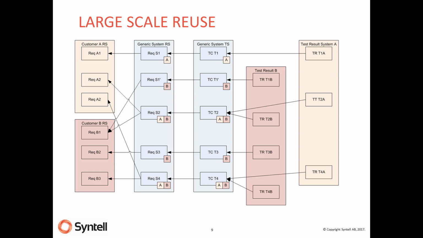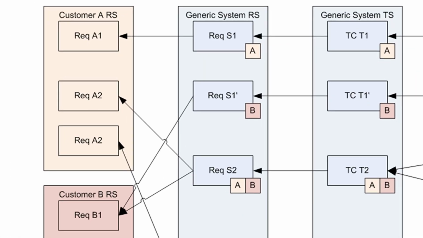Stakeholder requirement B1 can be matched to S1 and S2, or at least almost. To get a good match for S1, we need to create a new version S1 prime of the requirement to accommodate some necessary changes.